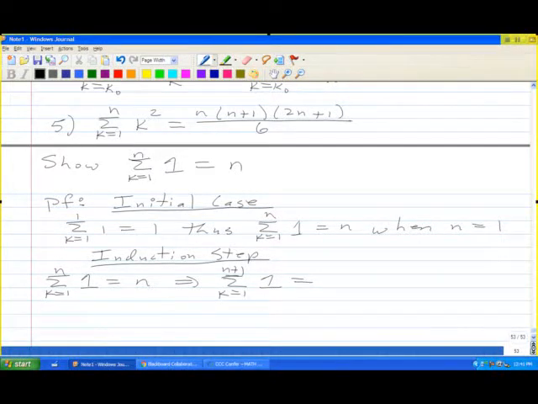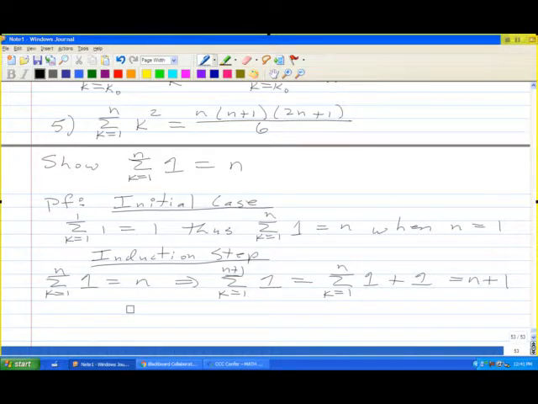Well, this is equal to the sum k equaling 1 to n of 1 plus the very last term, which is 1. The sum from k equaling 1 to n is just equal to n, so therefore it's equal to n plus 1.